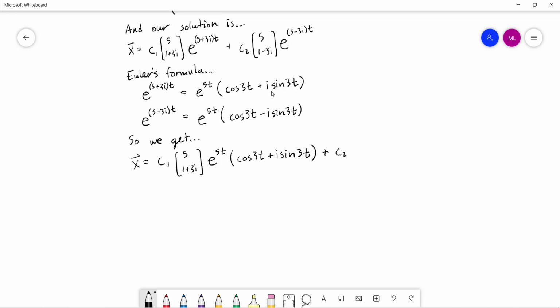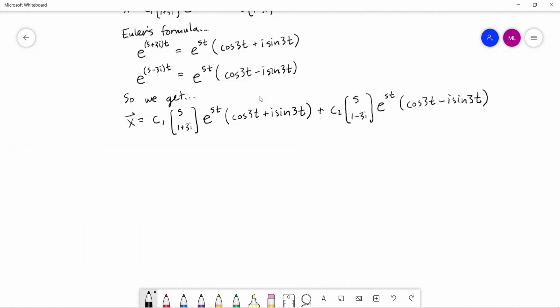And then the c2, we get 5, 1 minus 3i, e to the 5t, cosine 3t minus i sine of 3t. So just plugging in these two parts that we just found. If we do a little bit of algebra, we can clean this up.